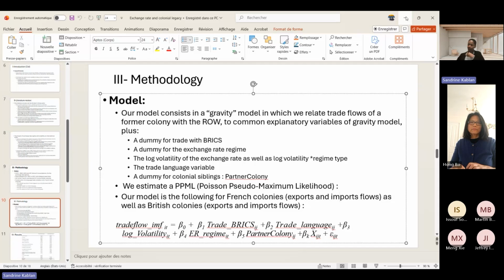So for me, it was interesting to look at whether or not this aspect was impacting the relationship with BRICS.